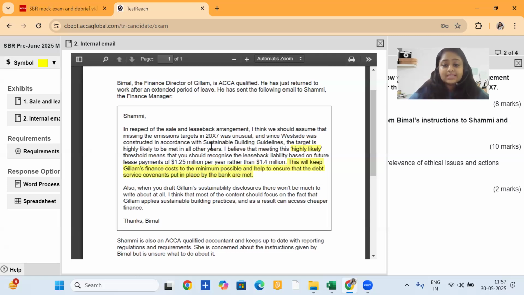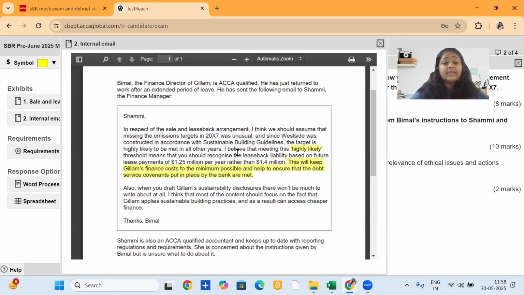Next, we can suggest the next point. We have discussed the above point, and now let's discuss the highly likely point. As per the case study, Bimal believes that meeting the highly likely threshold would ensure that there is a recognition of lease liability for the future payments of 1.25 million.